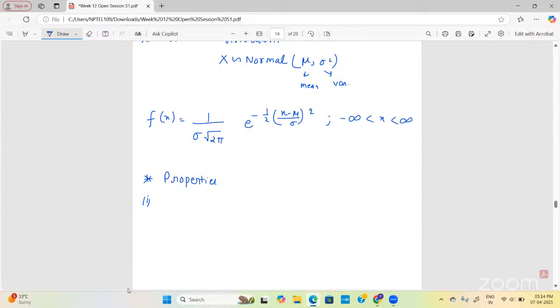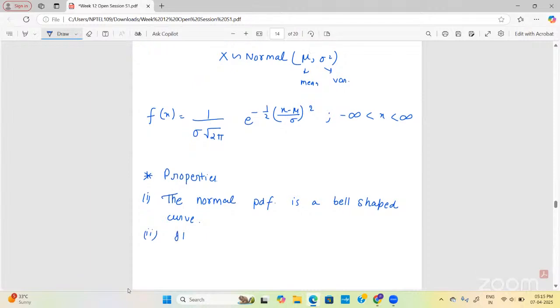The first one is that the normal probability density function is a bell-shaped curve, and it is symmetric about the mean value.